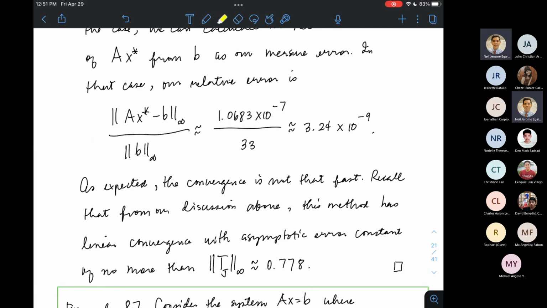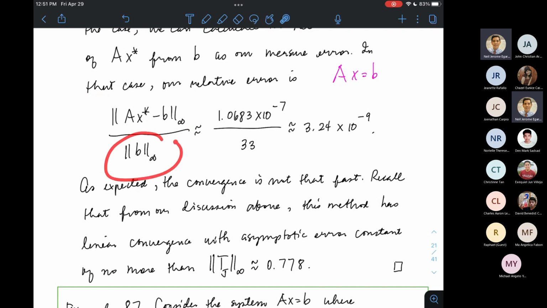Kasi remember, sinosolve natin yung AX equals B. So we want AX star to be as close as possible to B para maging totoo yung solution. Kasi pa-plug in ko dito si X star eh. So gusto ko yung AX star ay equal kay B talaga. So pwede nating masabi na yung discrepancy ay i-measure natin as the difference between the left-hand side of this guy and the right-hand side. So yun yung i-consider ko as the error vector kapag hindi ko alam yung actual solution.